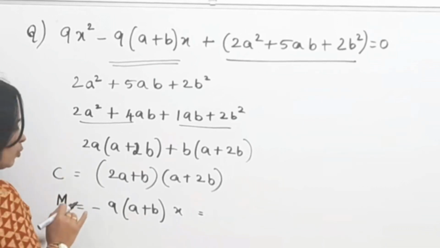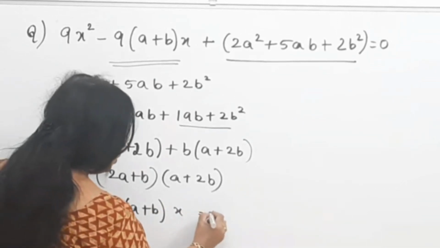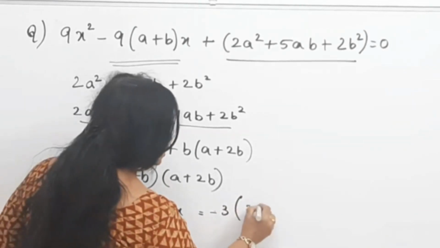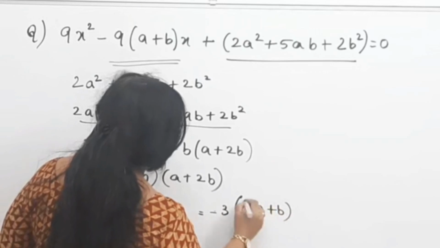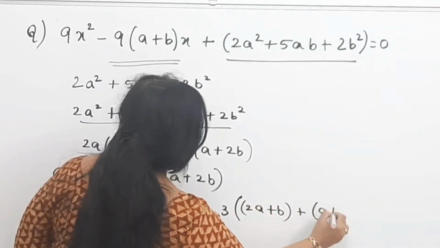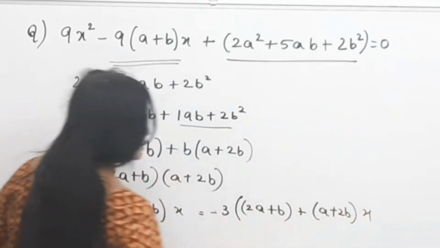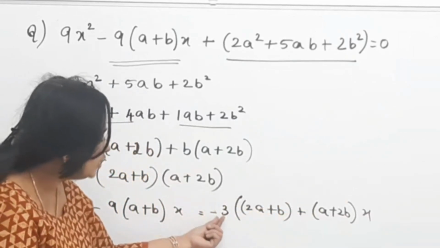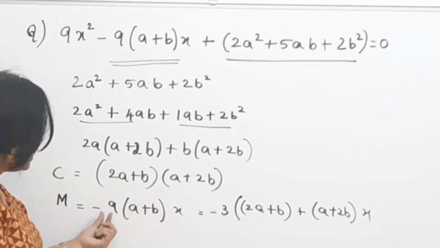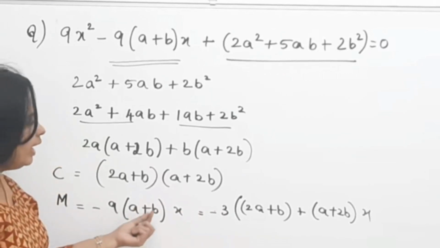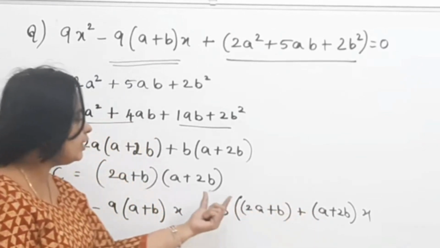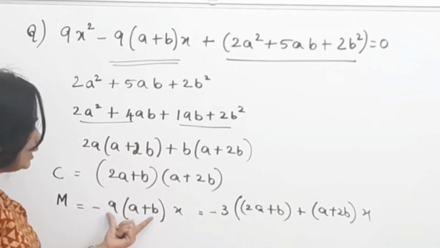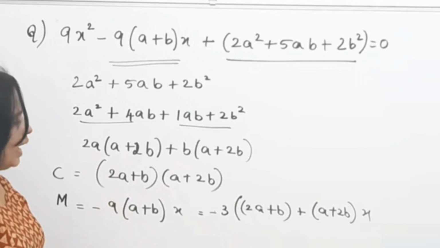So I get it. So minus 3 into, I just add these two terms, 2a plus b plus a plus 2b into x. Now you can see here 2a plus 1a is 3a, 3a into minus 3 is minus 9a. So I get minus 9a, and 1b plus 2b is 3b, 3b into minus 3 is minus 9b. I get minus 9b, and of course it's x.